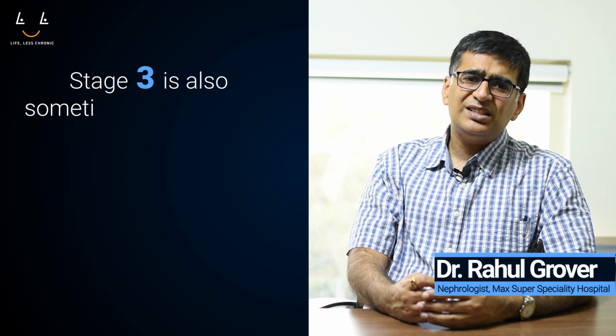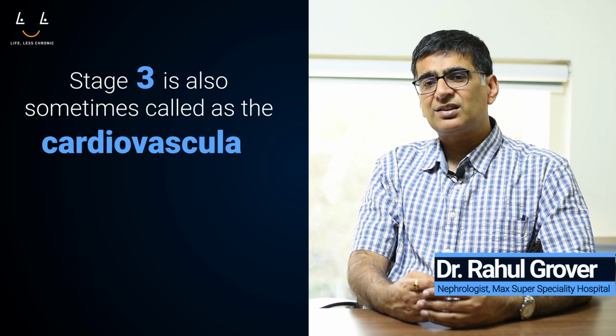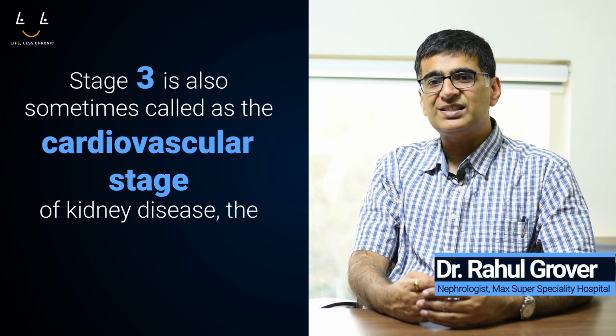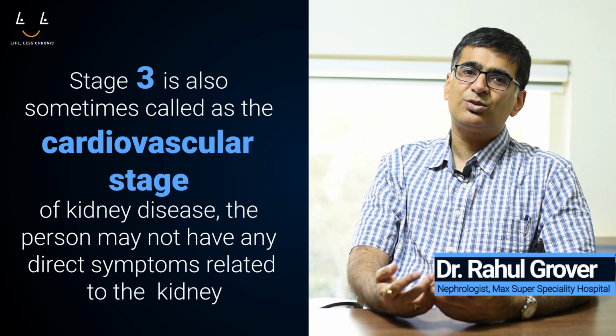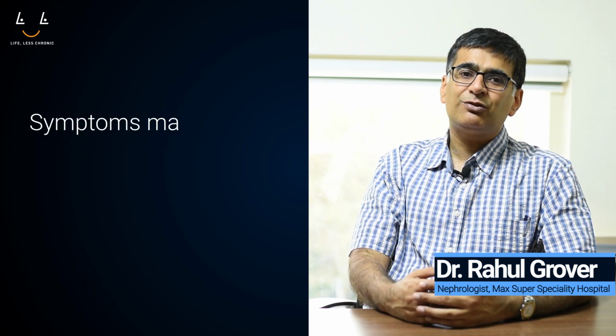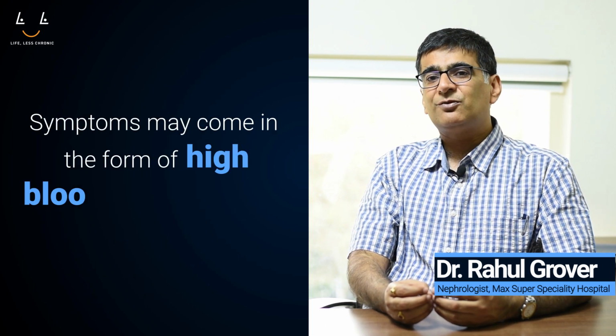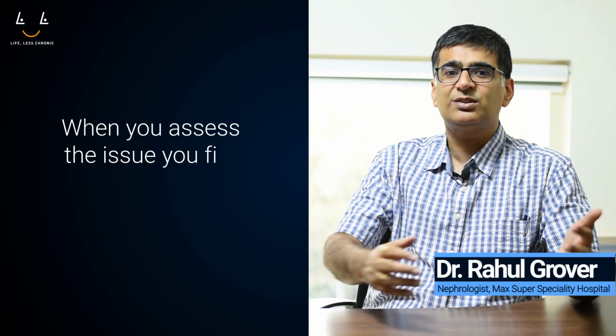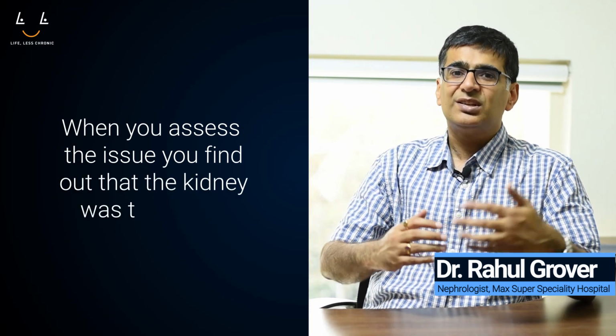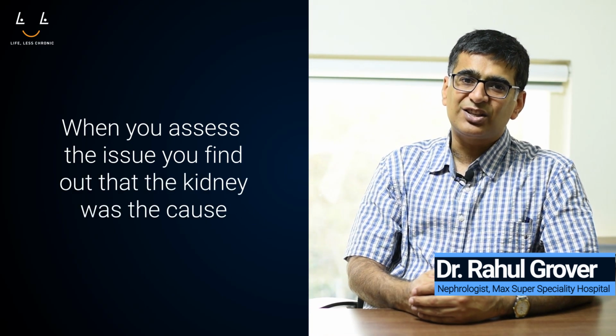Stage 3 is also sometimes called the cardiovascular stage of kidney disease. That person may not have any direct symptoms related to the kidney, but the symptoms may come in the form of high blood pressure, or the person developing some cardiac issue, and then when you assess the patient, you find the kidney was one of the causes which contributed to the cardiac issue.